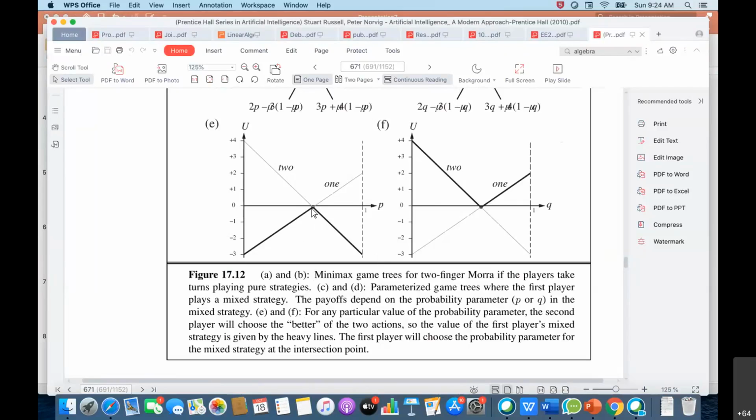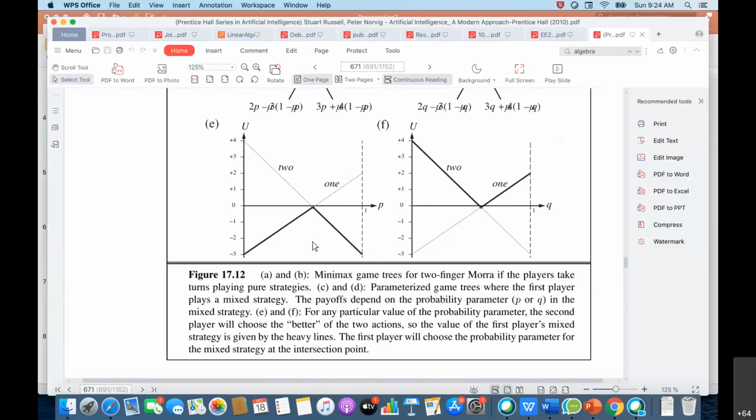The point where they intersect could be treated as the break-even point, when both of these are equal. Therefore, if you compute the value of P where these two lines intersect, the value of P that you get is equal to 7 by 12.